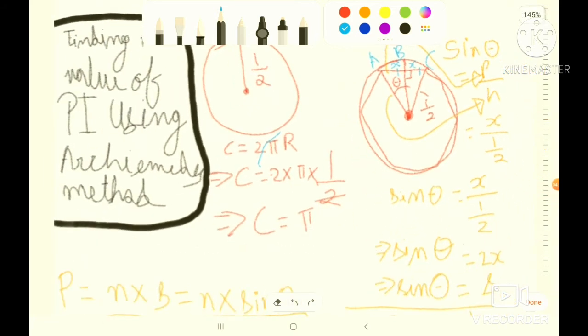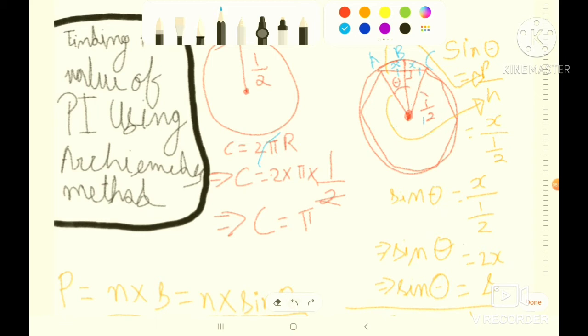So the perpendicular is equal to x, and the hypotenuse is equal to half, because the radius is half. That is why the hypotenuse is also half.